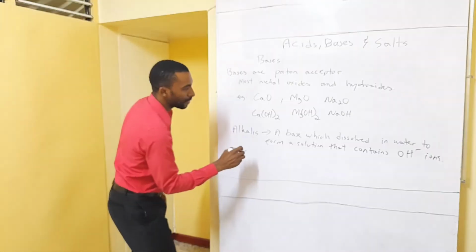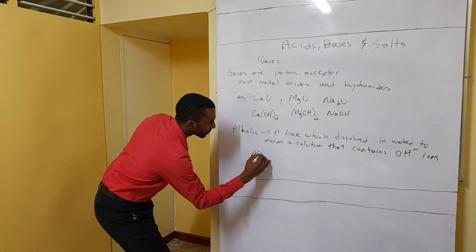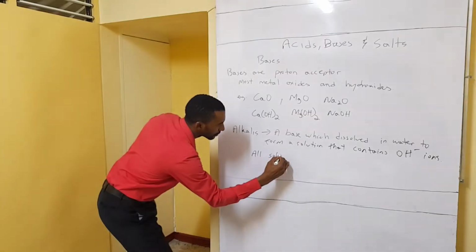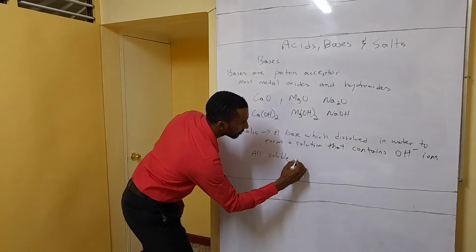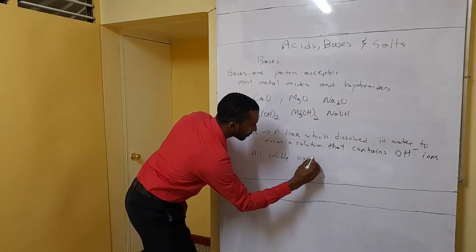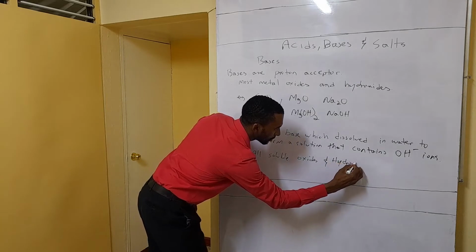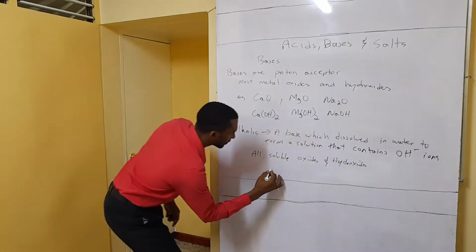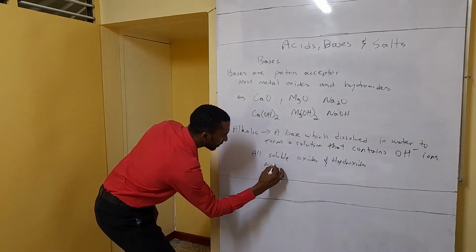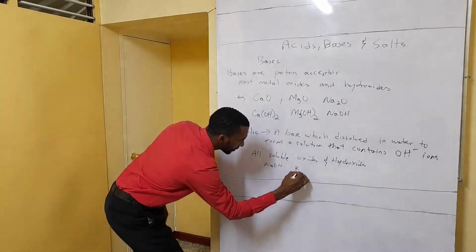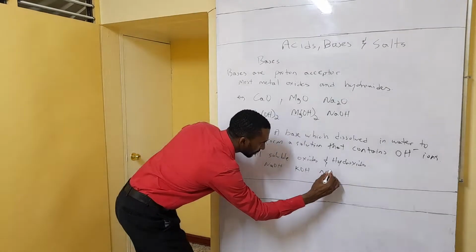So these would all be soluble oxides and hydroxides. Sodium hydroxide, potassium hydroxide, ammonium hydroxide.